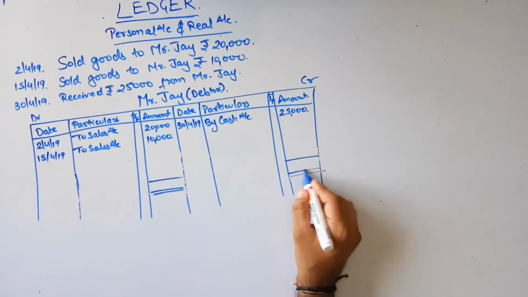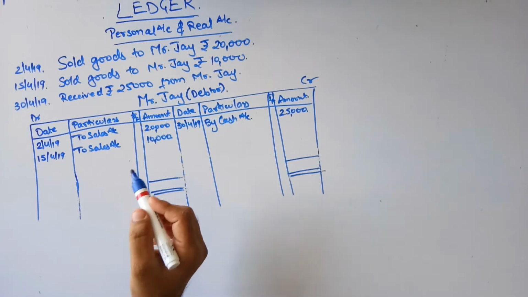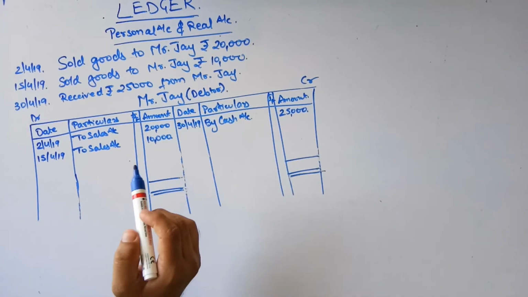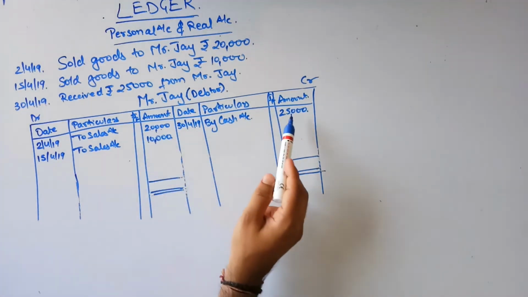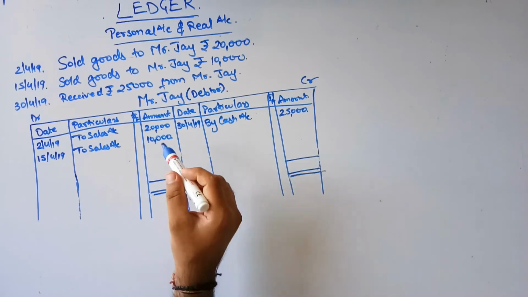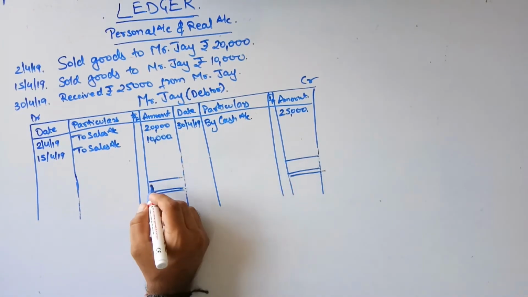Here and here, what we'll do, total on both the sides, which side is higher? Here the total is 20,000 plus 10,000, 30,000. Here the total is 25,000. Which side is higher? 30,000. So what will you write over here? 30,000.